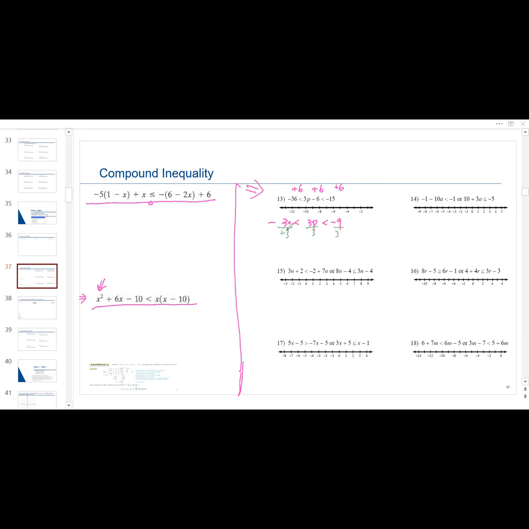Oh, sorry. So no change to the inequality signs, right? So p is less than -3 and greater than -10, right? So if you get -10 and -3, both parentheses. -10 is right here. -3 is right here. So in between. Not filled, not filled, not filled.